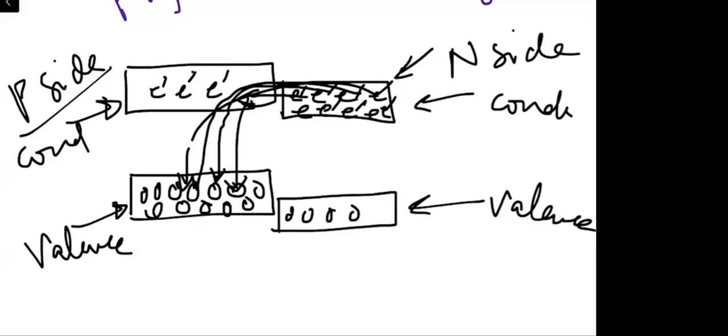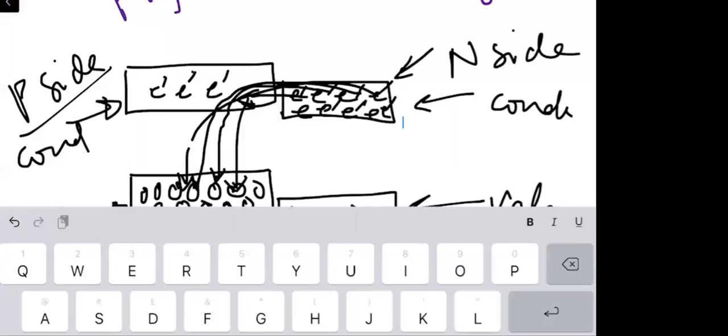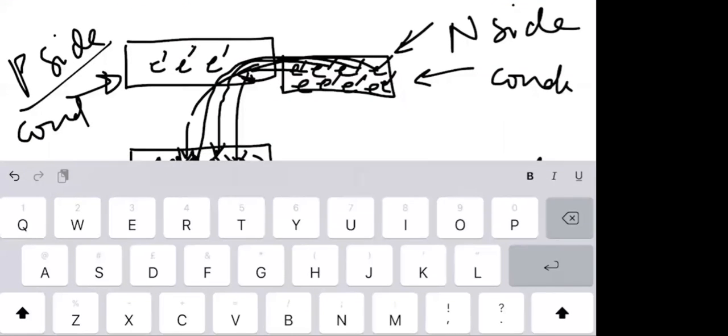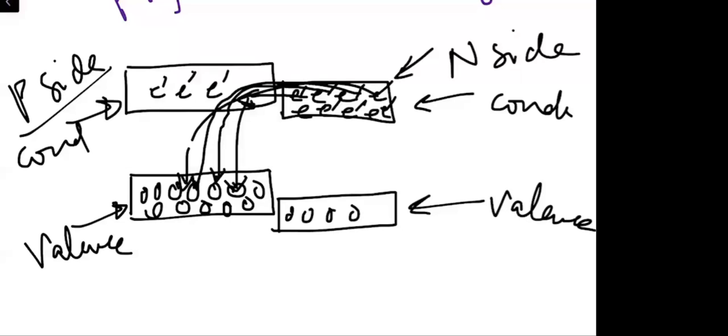Now, as the high energy electrons which were on the n side have already gone into the p side, the net energy of the conduction band on the n side has lost its high energy free electrons, or the majority carriers. So due to this, the net energy of the conduction band gets lowered, right?